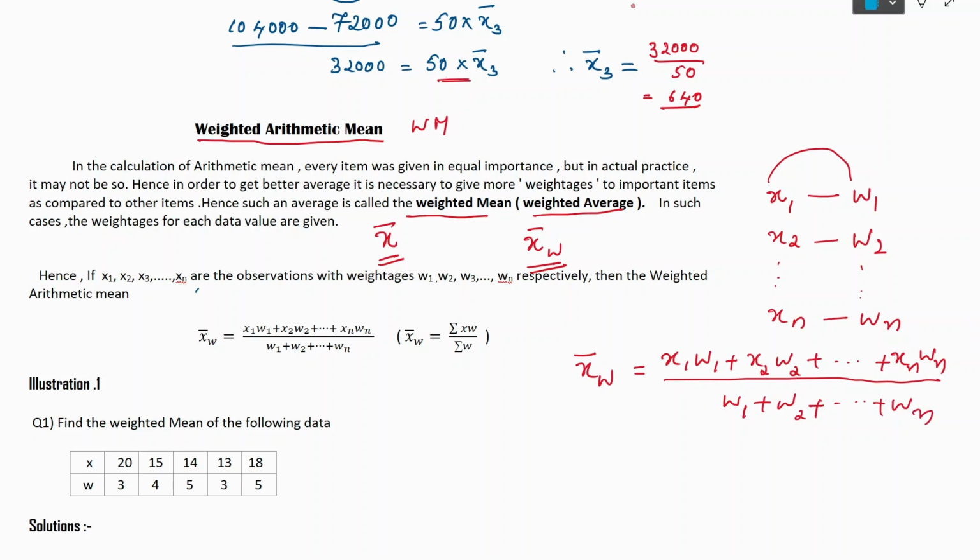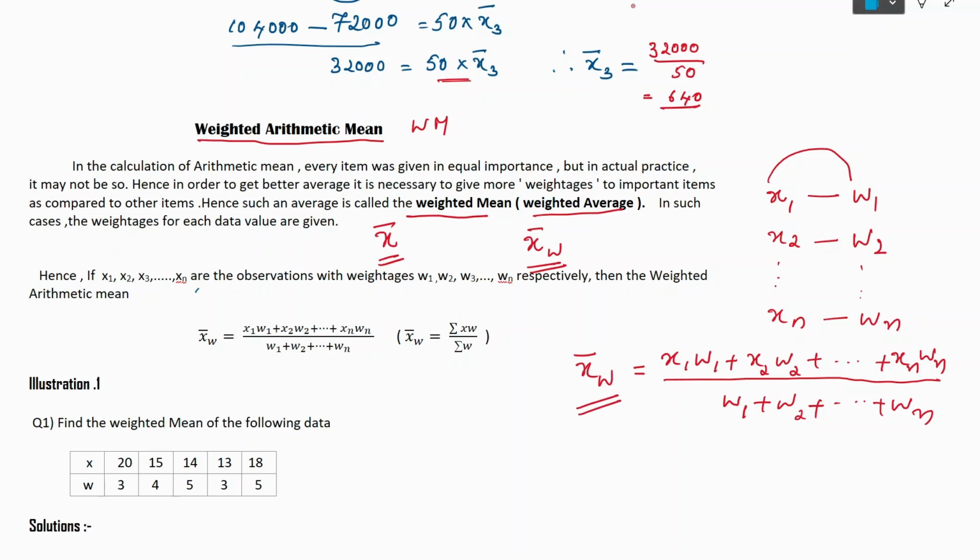Here x1, x2, etc. up to xn depends upon how many items are given. Suppose it is only 3 items, then it is x1 W1 plus x2 W2 plus x3 W3. If it is 5, it will go up to x5 W5. Depending upon the number of observations, we change the formula. This is in general. Therefore, x bar W is called the weighted mean.